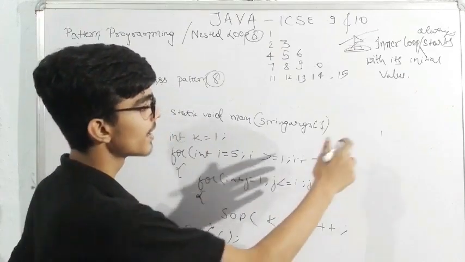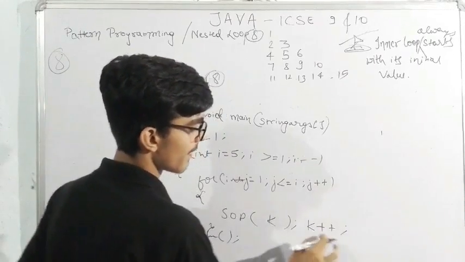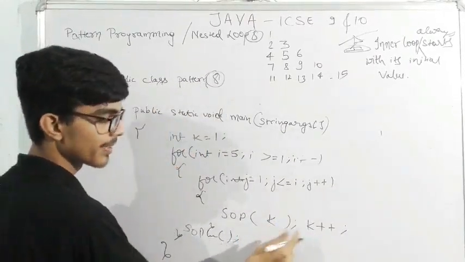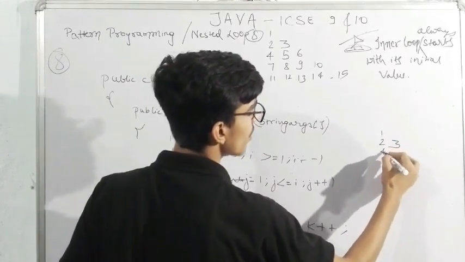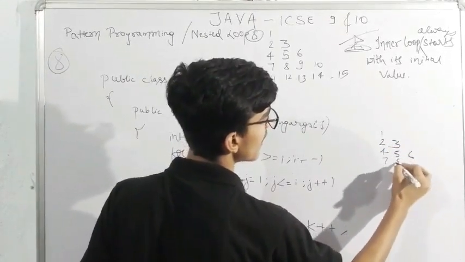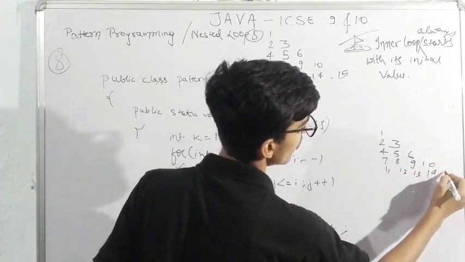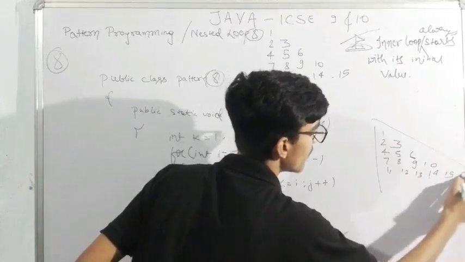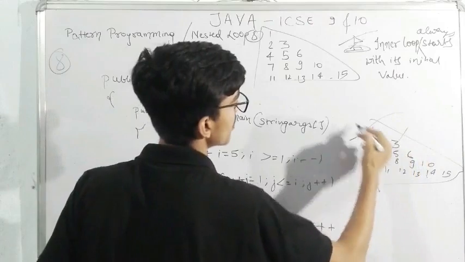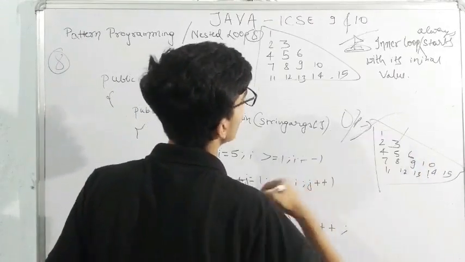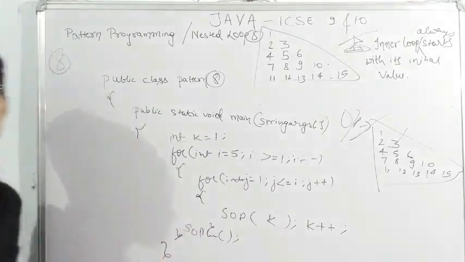So when it will print 1, 2 like this, k plus plus, they are printing k, so k plus plus will be 2, 3, and again 3, 4, 5, 6, 7, 8, 9, 10, 11, 12, 13, 14 and 15, which is our question. So when the output is equal to this question, then the program is correct.